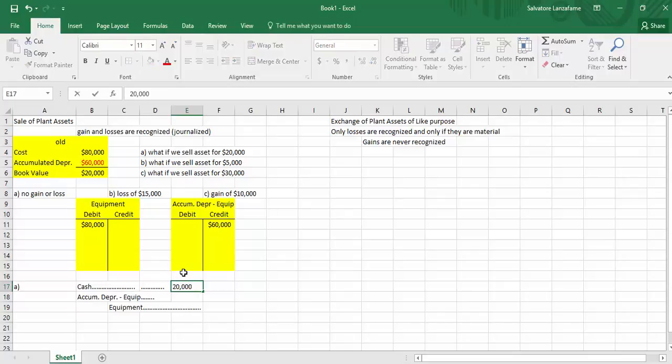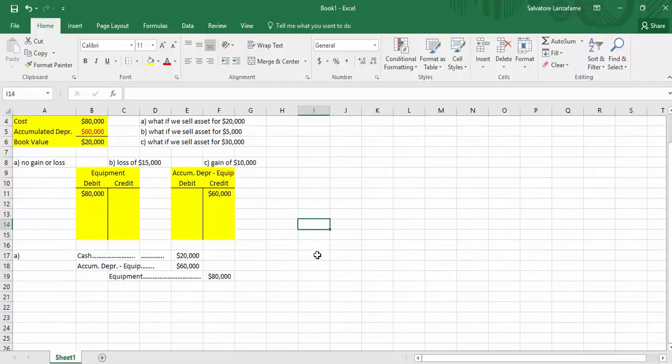The accumulated depreciation has to come off the books at the value that it was on the books. So I'm just going to copy that 60. And then the equipment has to go away. It's like doing a closing entry almost. You're basically doing the opposite of what's there. Okay, and that is the answer to scenario A.